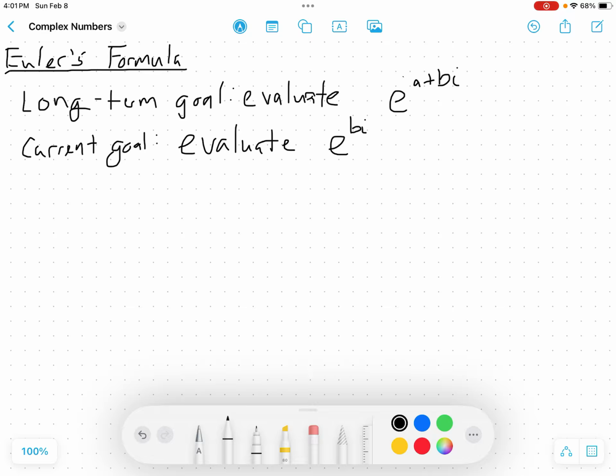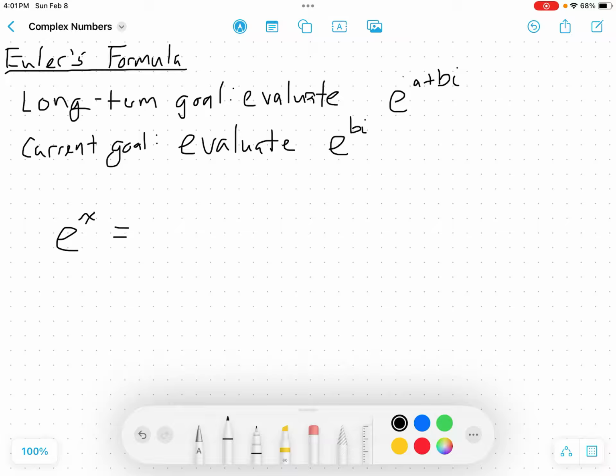So one previous rule, the one that's going to help us most, we don't have any intuition what it means to multiply e by itself, b times i many times. So we're going to look at a more complicated rule about the function e to the x for some real number x, see if it would make sense to extrapolate that to the complex case.